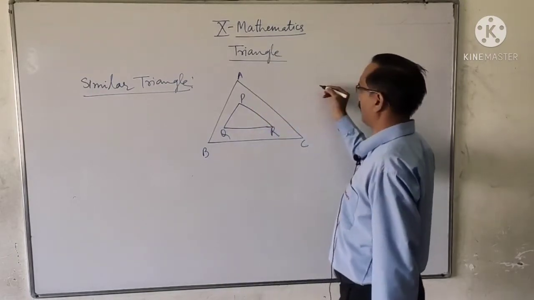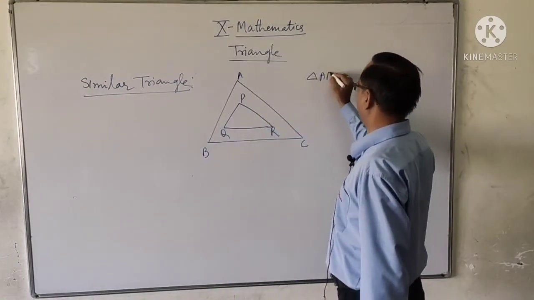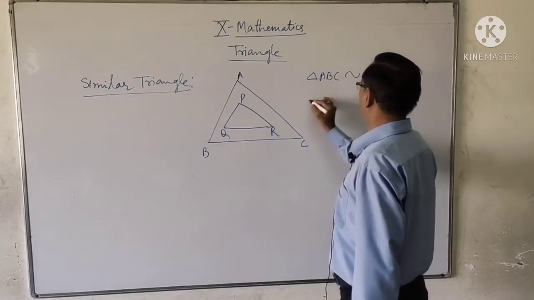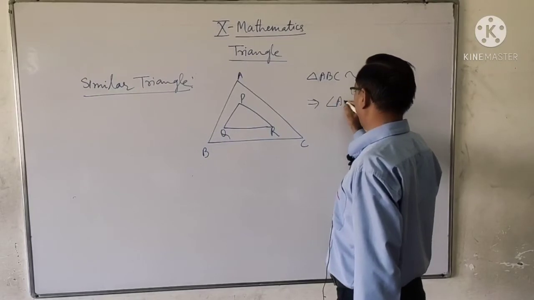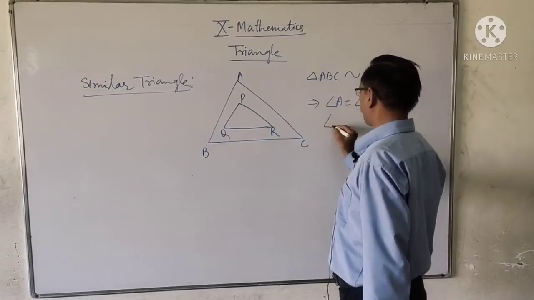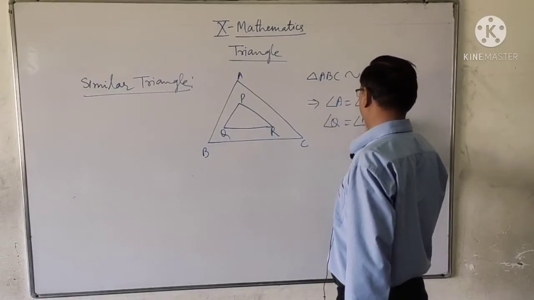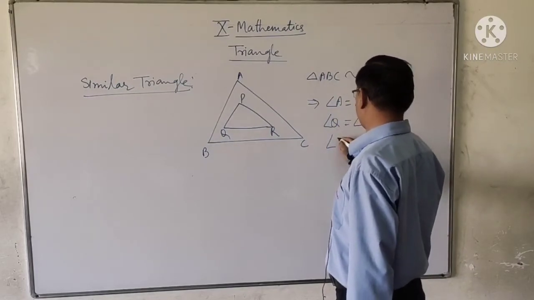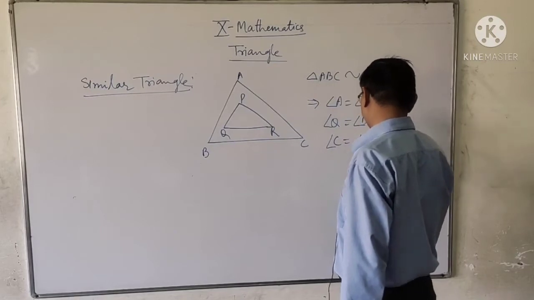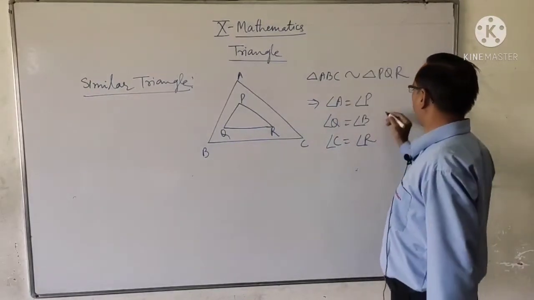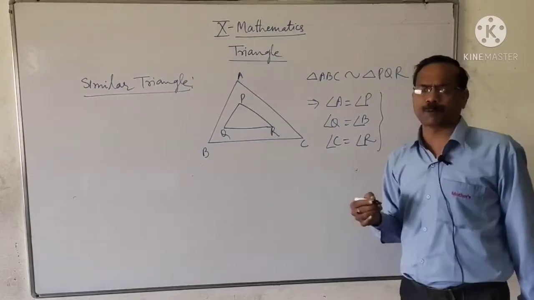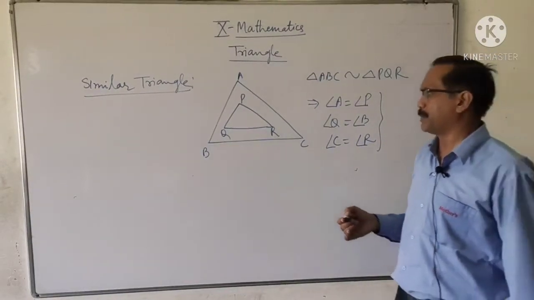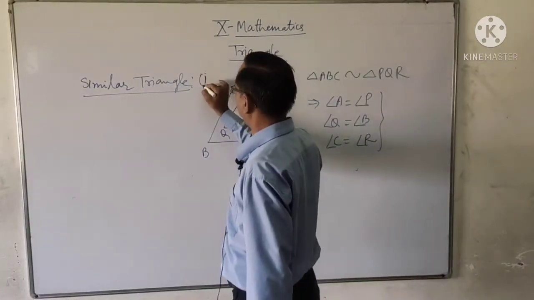So here triangle ABC is similar to triangle PQR. So angle A equals angle P, angle B equals angle Q, and angle C equals angle R. Whenever corresponding angles are equal, the triangles are said to be similar. This is the first condition.